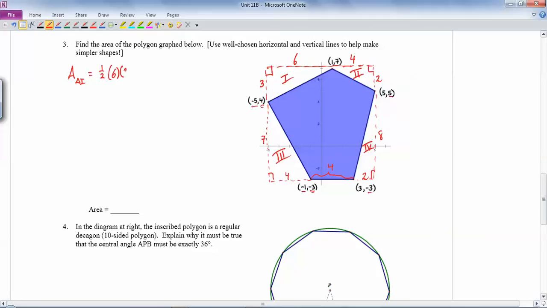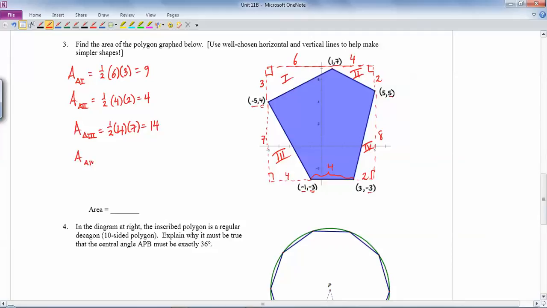So 6 and 3 goes there, and then this ends up being 9. Area of triangle 2 is 1/2 4 times 2, which ends up being 4. Area of triangle 3 is 1/2, the base is 4, and the height is 7. So that's half of 28 is 14.